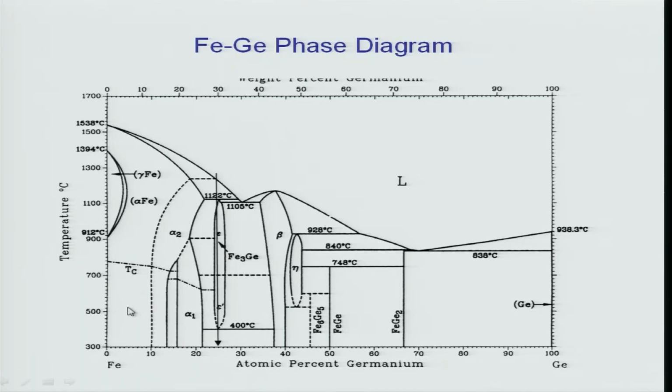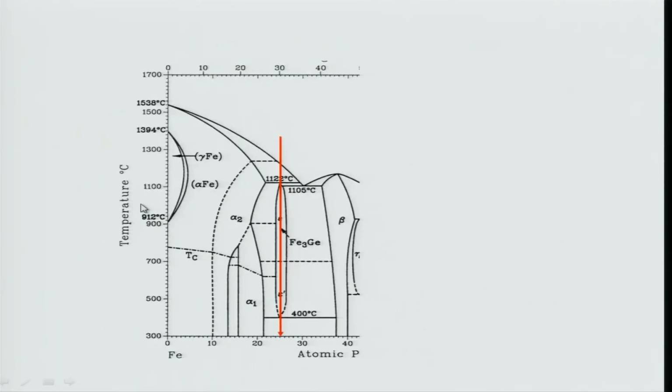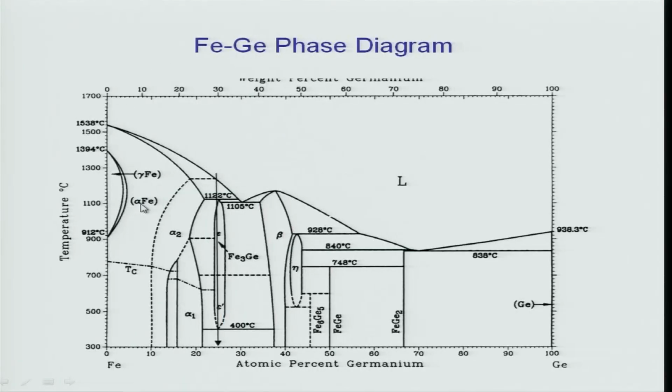On the iron end, there is the alpha iron solution, which you can see clearly written here. Similarly, on the germanium end, there is a germanium solution. In between it is populated with many reactions, and we are going to consider only the peritectic reactions.